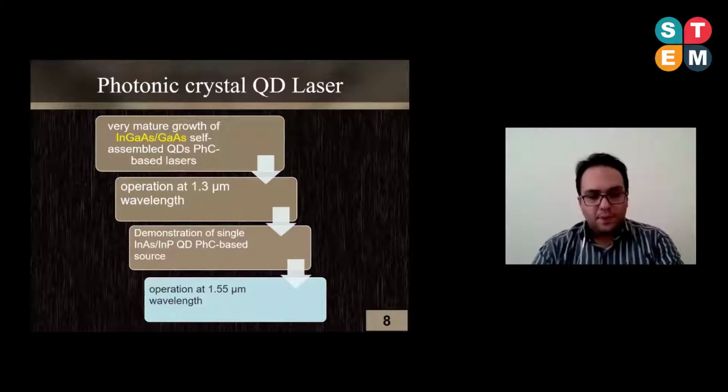In quantum dot photonic crystal lasers, the non-radiative recombination at room temperature is more than the radiative recombination. Therefore, it is possible to meet the lasing condition at room temperature by increasing the modal gain and by using several layers of quantum dots and also a high Q factor cavity.